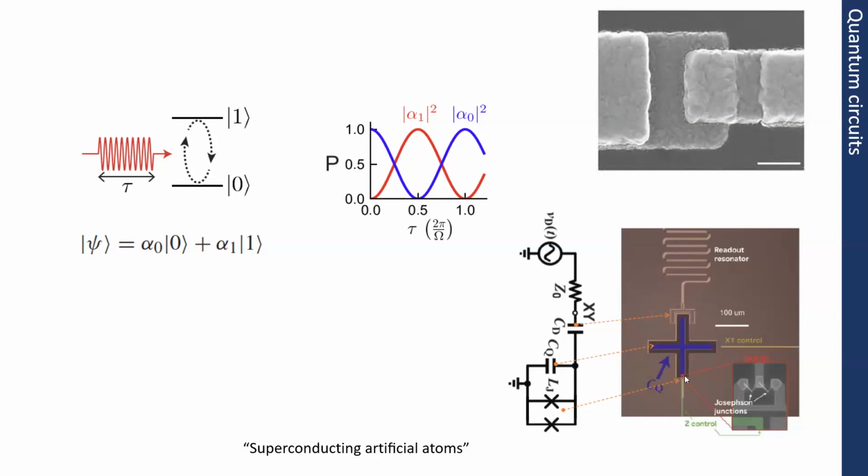These junctions are coupled to a so-called coupling resonator, and this coupling resonator can be coupled to the rest of the circuit through a so-called readout resonator. Schematically, it's shown here. We can have multiple Josephson junctions. For example, in this case, it is a system with two Josephson junctions.